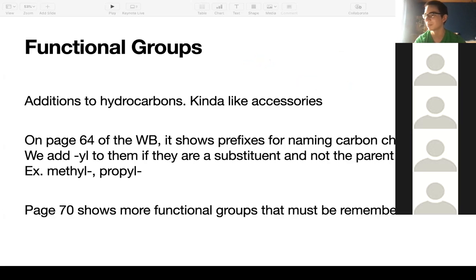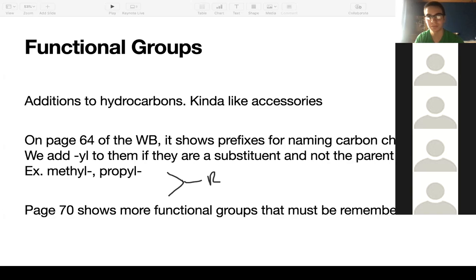Moving on, page 64 of the workbook, we got some prefixes for naming carbon chains. We add YL to them if there are substituents, as opposed to the parent chain. Example, methyl, propyl. What do we call this right here? Do you guys know?